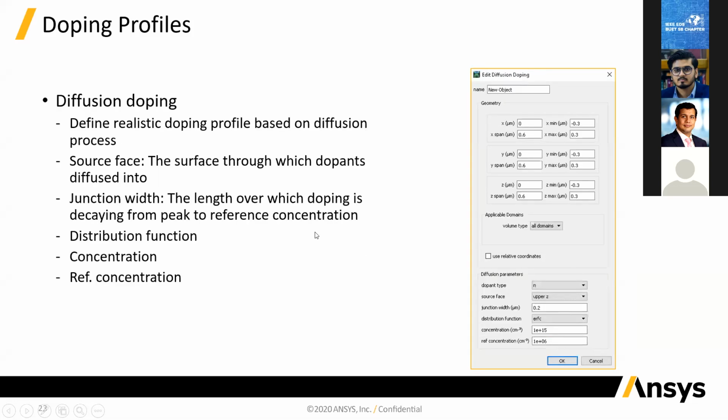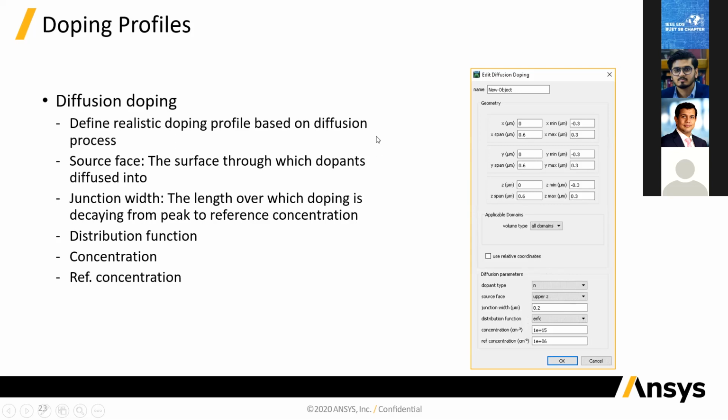The other doping object is diffusion doping. The concept here is if you're diffusing your dopants into your simulation geometry, then this is the dopant type that you use. You introduce a peak concentration value at the top surface, or you can define which surface you're introducing your dopant to. Here upper Z means if you have a 3D volume, the top surface is where the peak concentration is getting introduced.